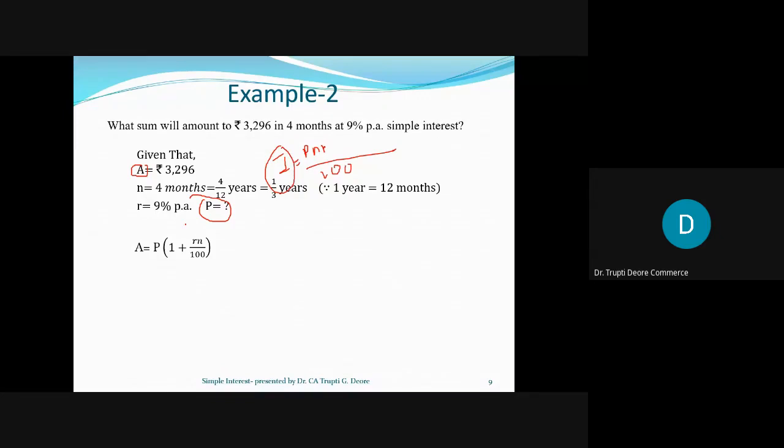We have to use the formula for amount. The formula is A is equal to P into bracket 1 plus RN upon 100. Okay. Next step, we have to insert the values. So A is equal to this. N is equal to 1/3, right? And R is 9. So we enter 9 into 1 by 3 upon 100.